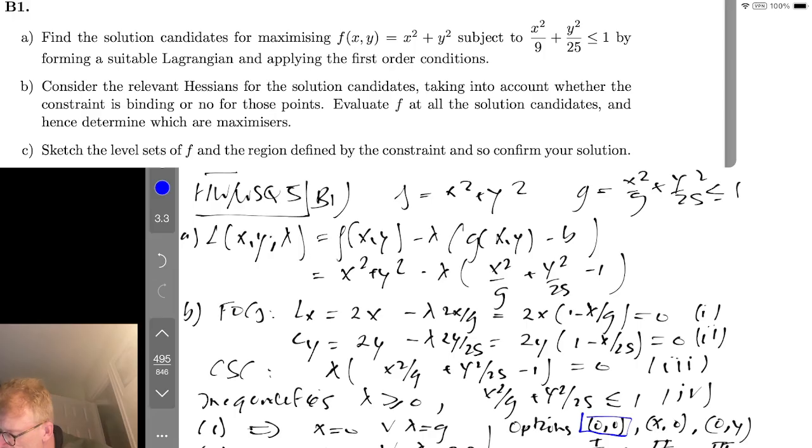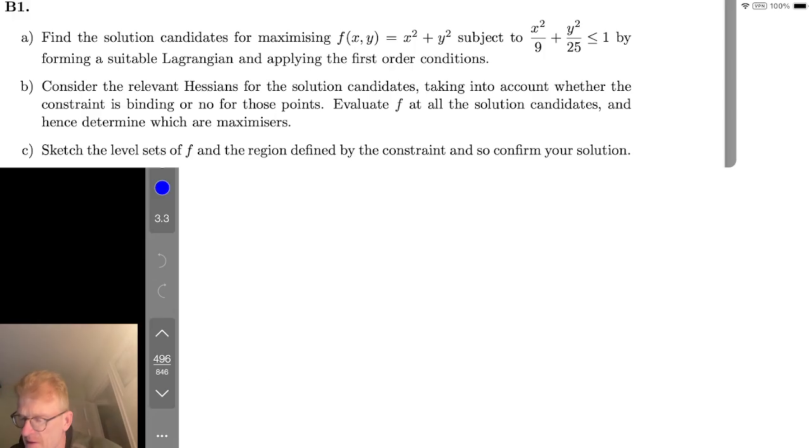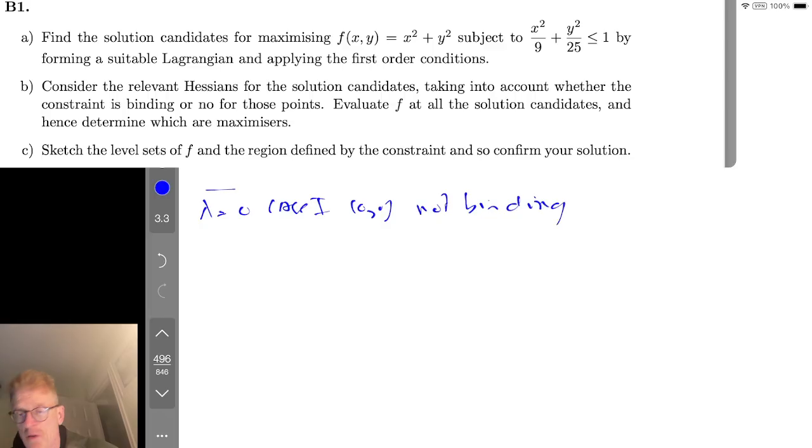So then we need to calculate the Hessian. So let's do that. So lambda is 0, case 1, that was 0, 0, not binding. The constraint is in the interior. Constraint is not applied, and we need to calculate the Hessian.